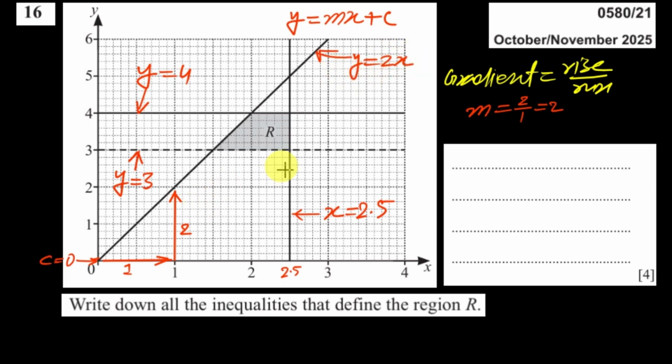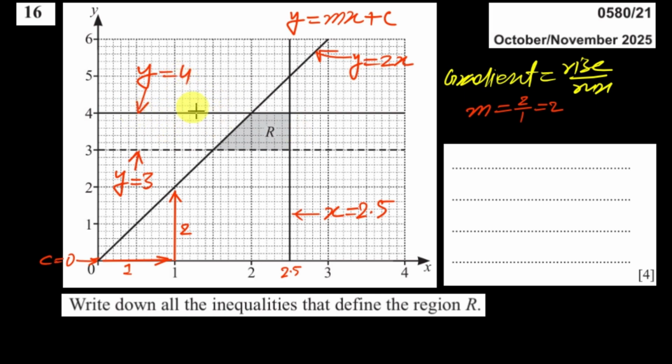So we got the equation of all the 4 boundaries. Now we have to convert these into inequalities. First line: this is y is equal to 4. If region R is above this line, y will be greater than 4, and if the region is below this line, y will be less than 4. Here the region is below this line, so y is less than 4.